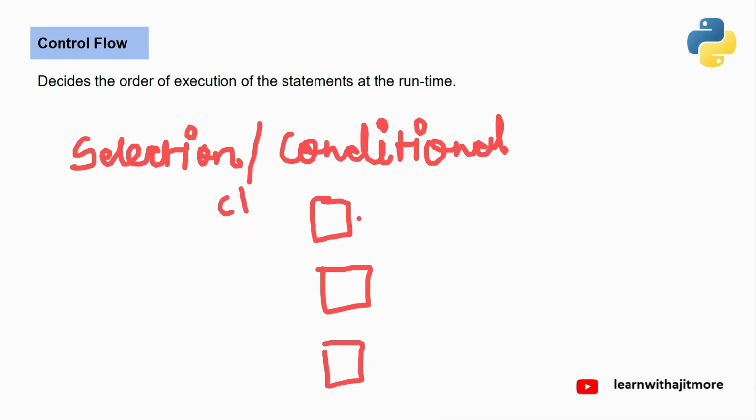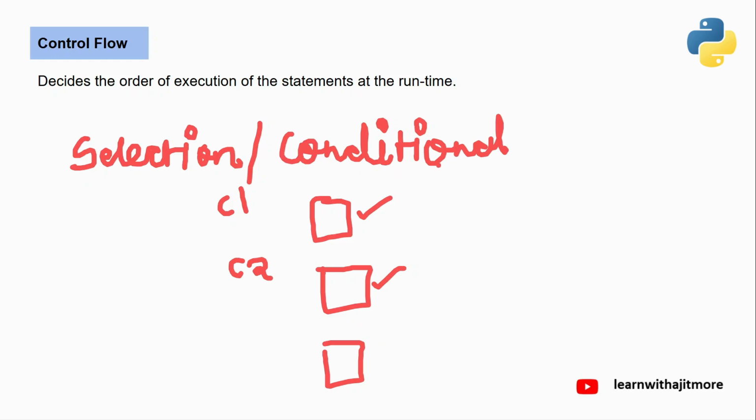If the condition is true, the first code block will get selected and run. If it is false, you'll check another condition. If that is true, the second block will get selected. If not, then finally the third block, like that. So what I want to say is clear.